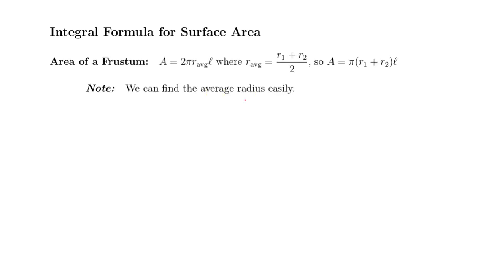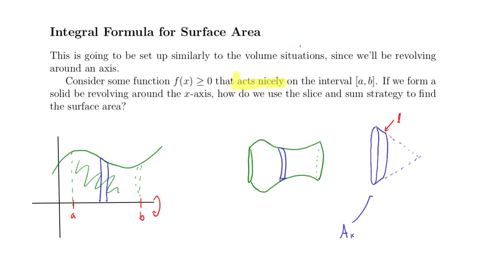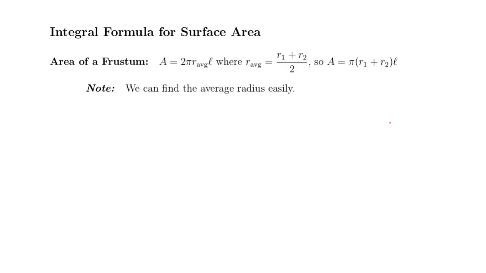And again, this average radius is the average of R1 and R2, where I guess you could say R1 is on one side and R2 is on the other. So we just have these two different radii describing the tapering of this thing, and we have a length in between.